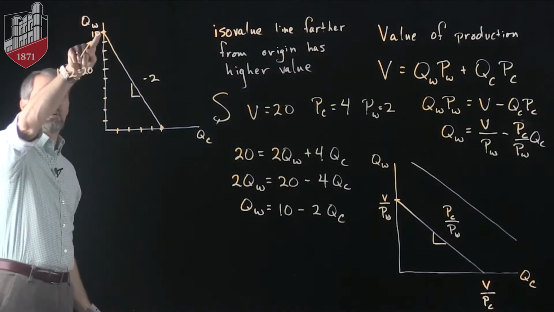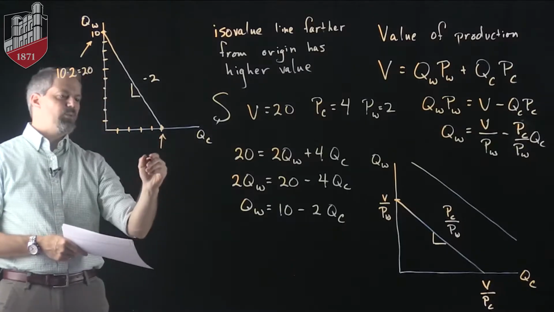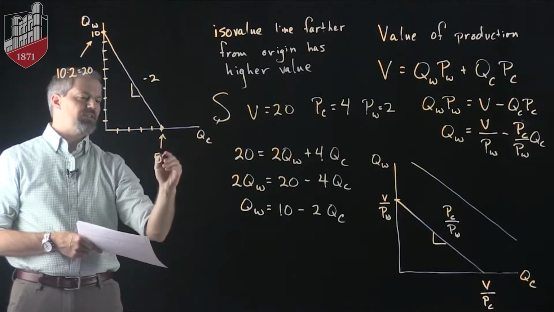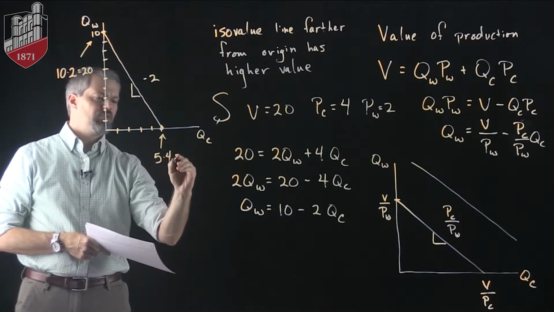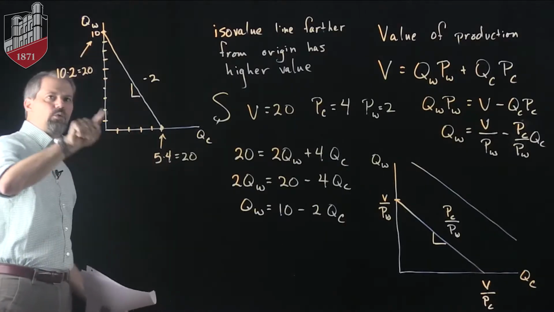So the value of what they produce is 20. If we look at this endpoint, they're only producing 5 units of cheese, but cheese has a price of $4, which is equal to 20. So both of these endpoints have a value of $20.